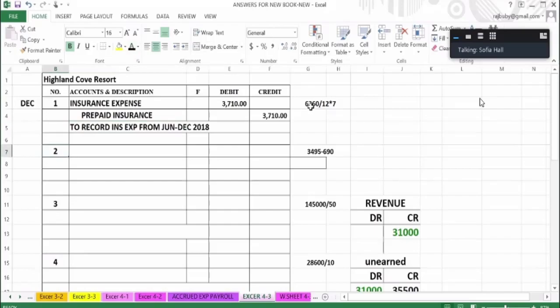We are going to divide it by 12 and multiply by 7. That is the answer. This is 3,710. Insurance expense is debit, prepaid insurance is credit.